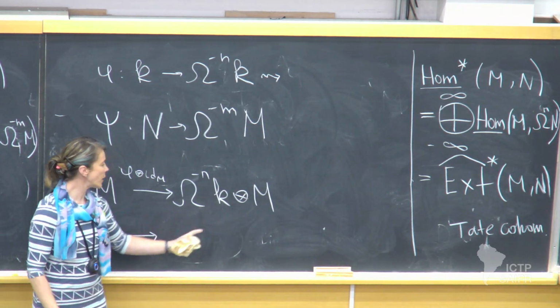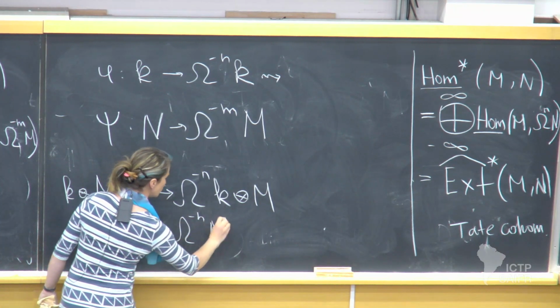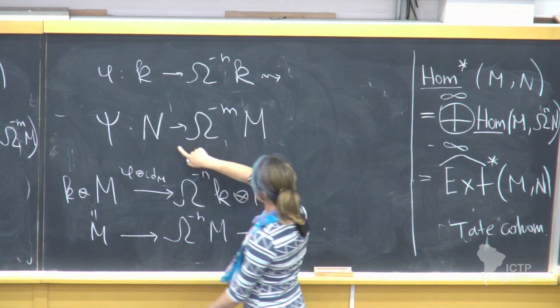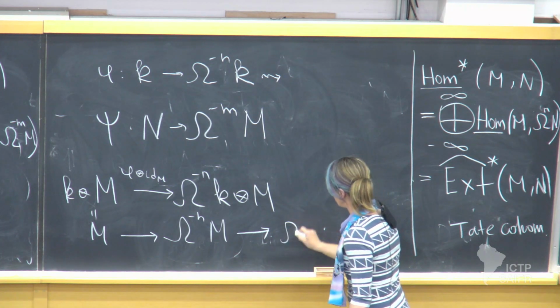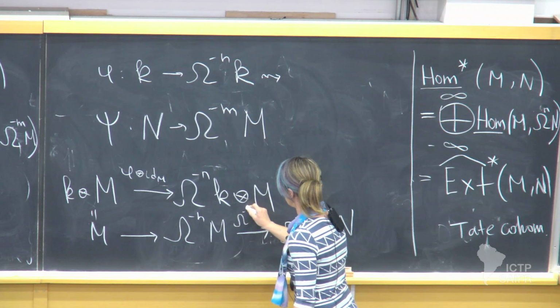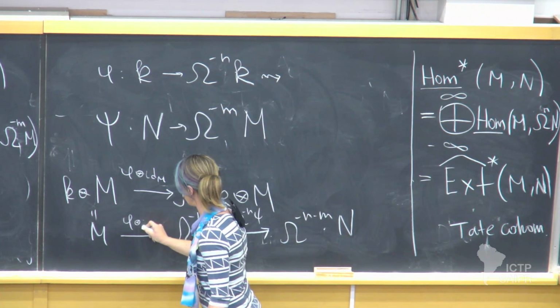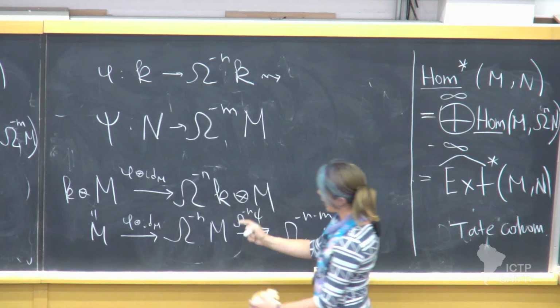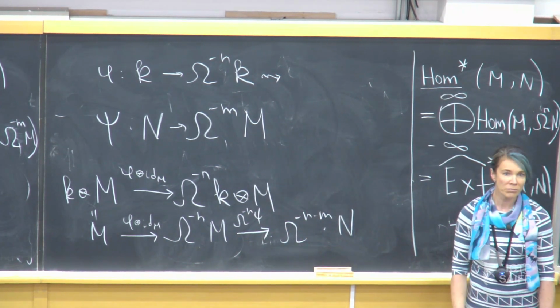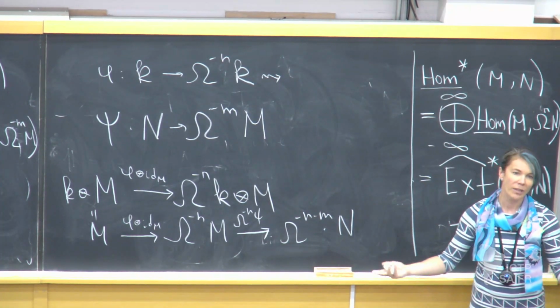And the way shift works, it commutes with the tensor product. So this is just shifting M. And now I can apply this map, but shifted, voila, I get a map from M to the shift of M. So my action is just taking compositions of maps and applying shifts.